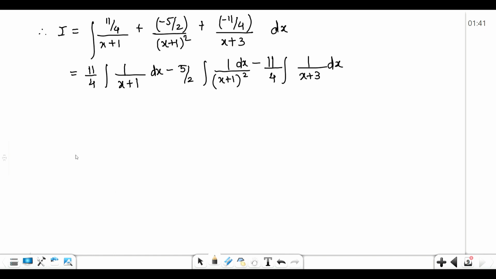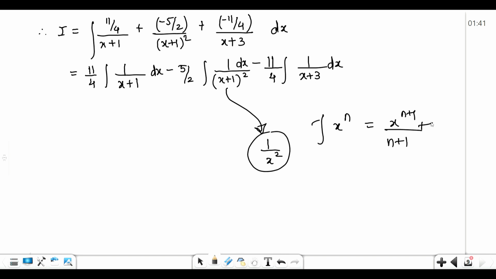Now we'll apply the integration formula, simple one. 1 upon x, that is a linear term, so that will be a log. And 1 upon x plus 1 the whole square, now here also we have to conduct, that is 1 upon x square. So we can apply the power formula, which is nothing but integration x to the power n is x to the power n plus 1 upon n plus 1 plus c.